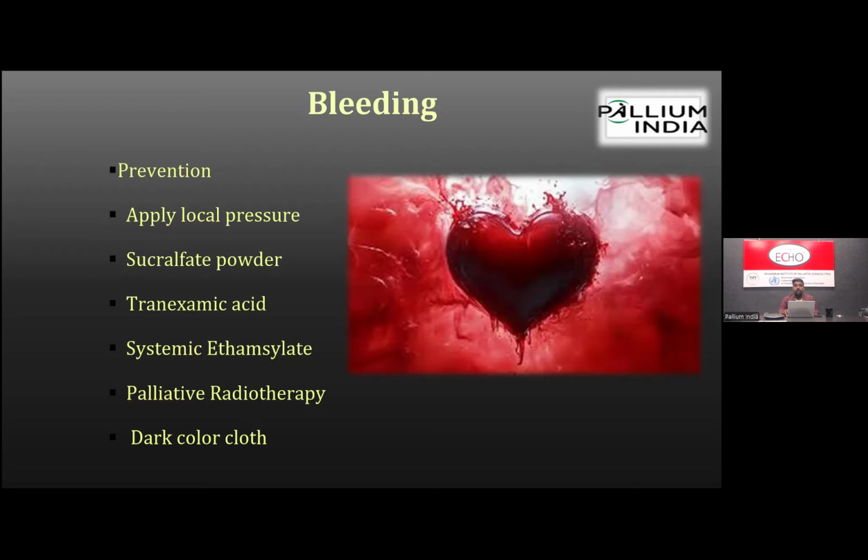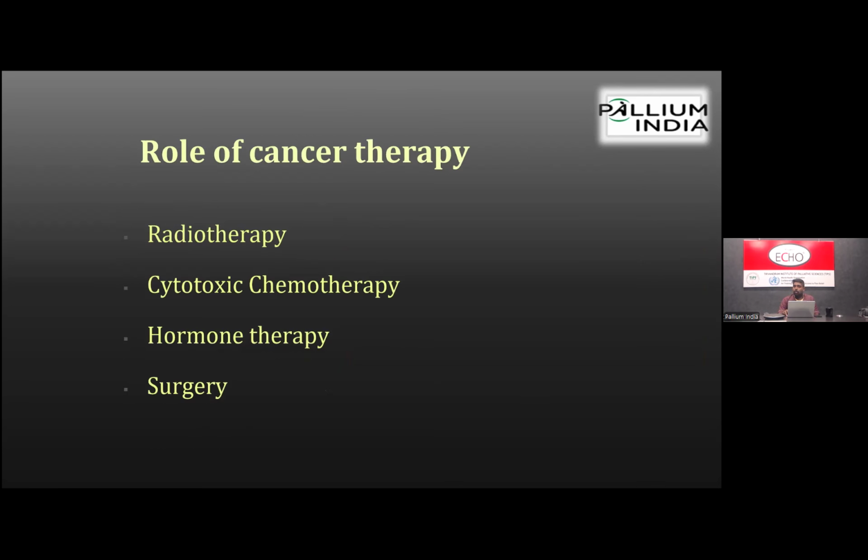This is what may actually happen, so the family needs to prepare themselves. So we need to educate them to keep it. Then, only if any cancer therapy role is there can we proceed; otherwise leave it from everything.